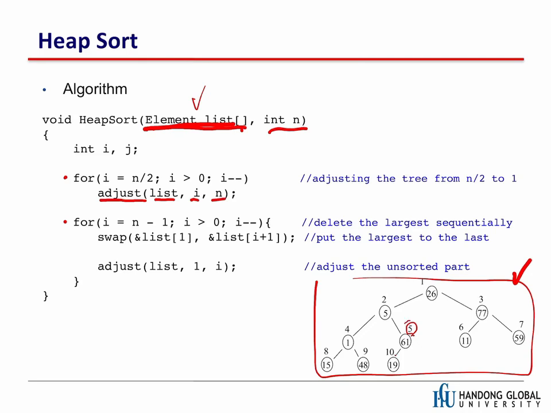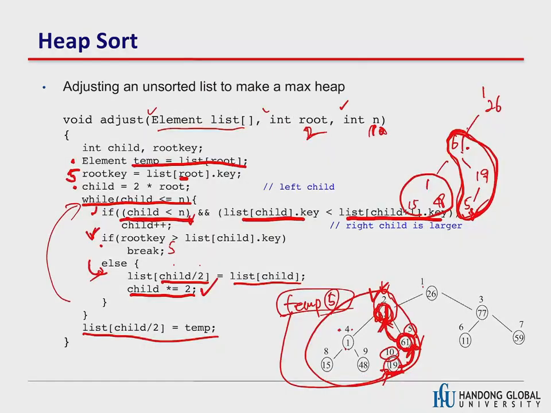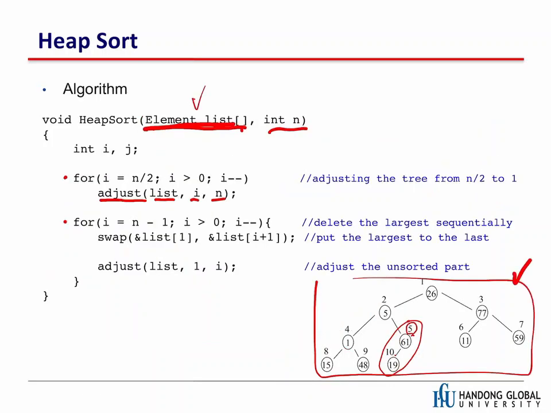In the previous slide, root is 5 and n is 10. So we focus on this part first and then we adjust. If you go back to this, we will meet this part. Root key is larger than the child key in this case, so 61 is larger than 19. And then we break. That's it.